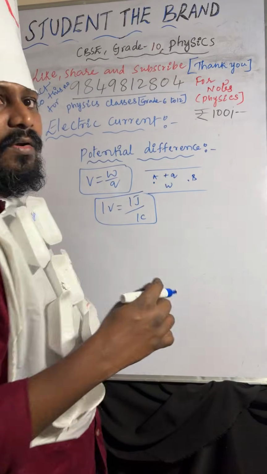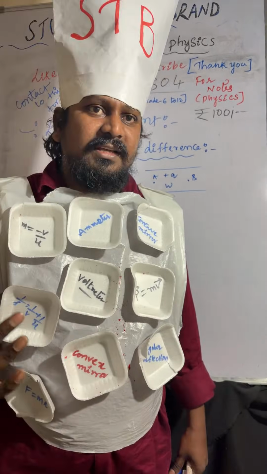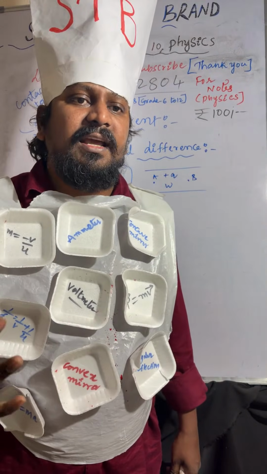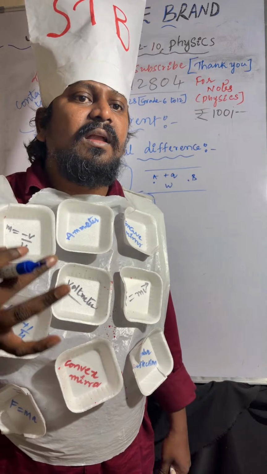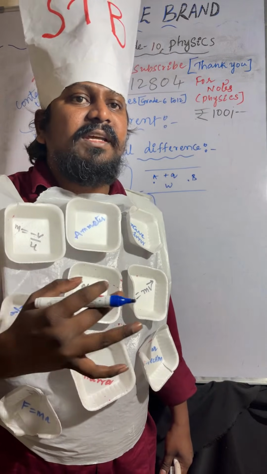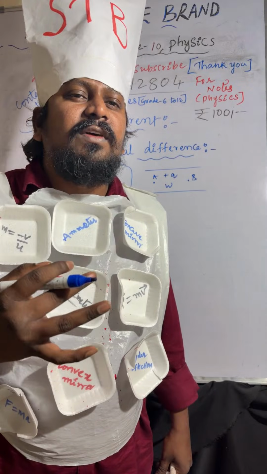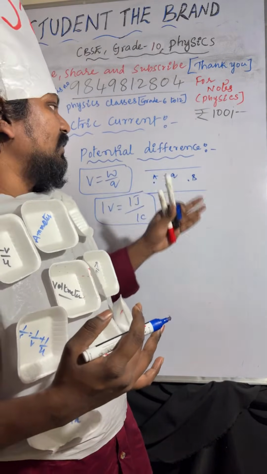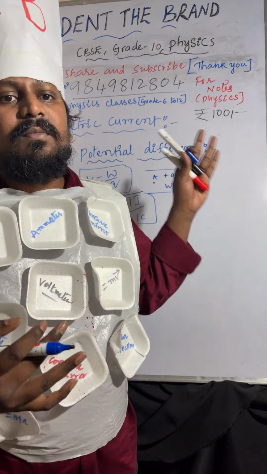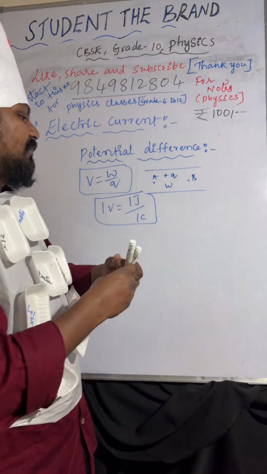So 1 volt is defined as 1 joule of work done to bring 1 coulomb of charge from one point to another point. That is called potential difference.